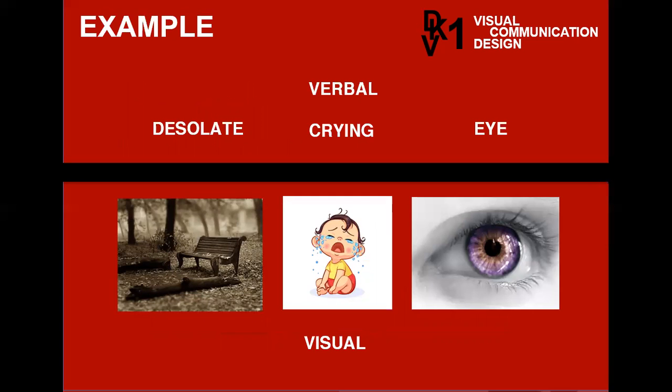Okay, the example. When the verbal is "desolate," how does desolate look, as you can see here in the picture? Or crying, crying is crying. You can see here that visual is more global than verbal, because when you come to Indonesia and say "desolate," what does desolate mean?